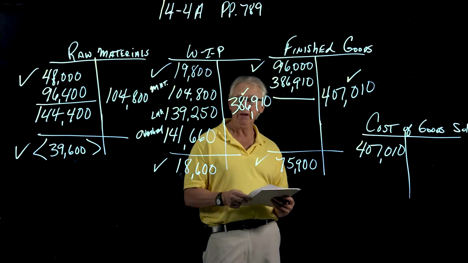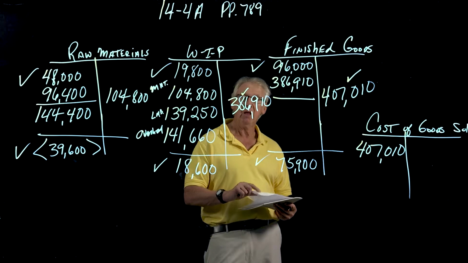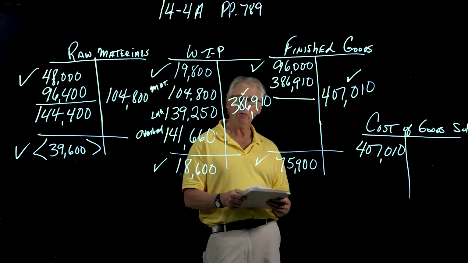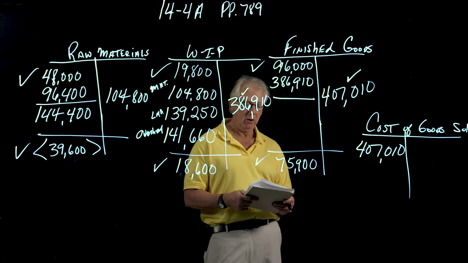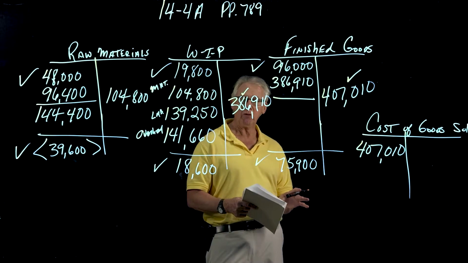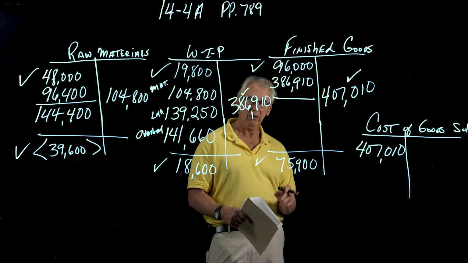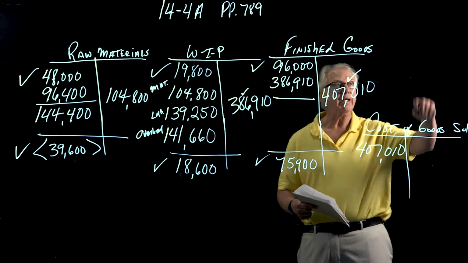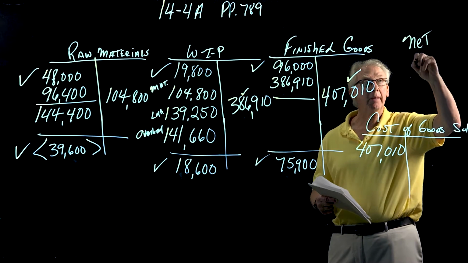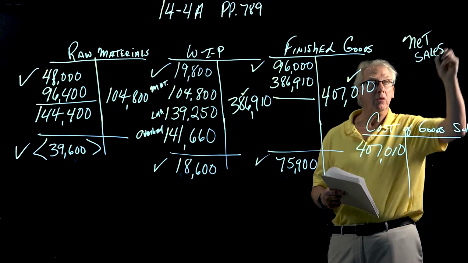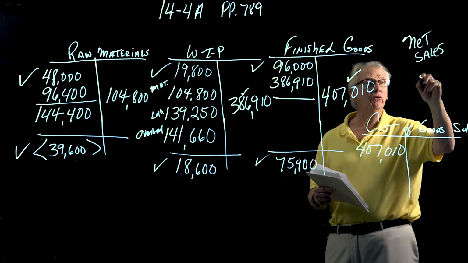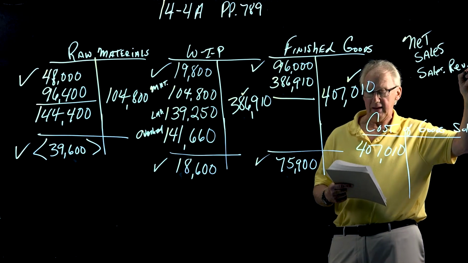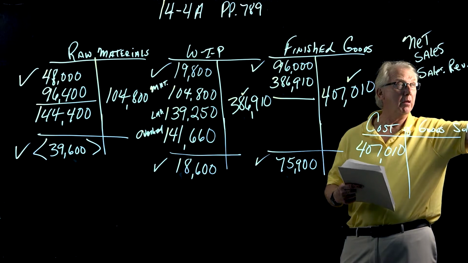They want you to put an income statement together, and then they want you to show what the balance sheet would look like. Now, if we remember correctly from Accounting 101, we have to come up with net sales. They give us sales revenue, and that's $534,000.